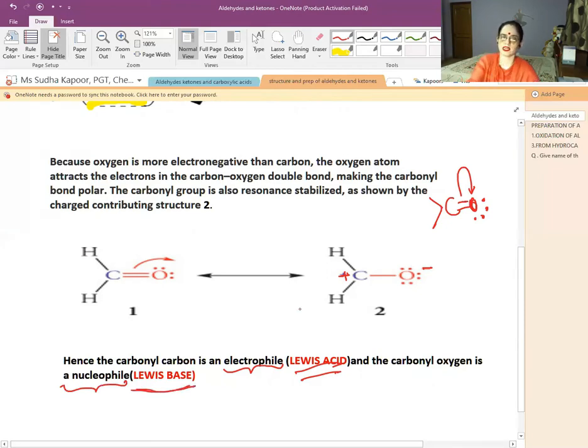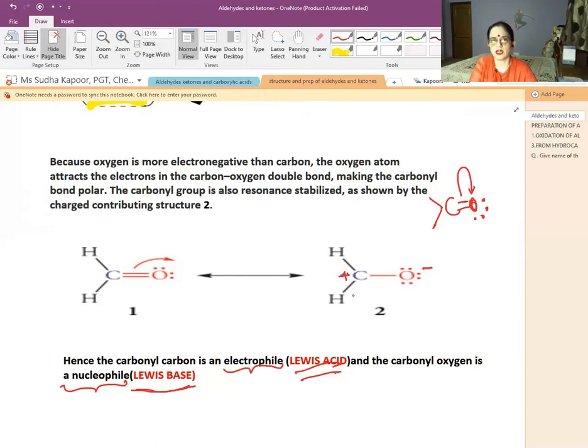So the carbonyl bond, with oxygen being more electronegative and carbon being electropositive, results in a polar bond, making carbon positive, the Lewis acid, and oxygen negative, the Lewis base. These things will help us when we do nucleophilic addition in the chemical properties of aldehydes and ketones. So remember the structure, that there is a positive and negative charge on carbon and oxygen.